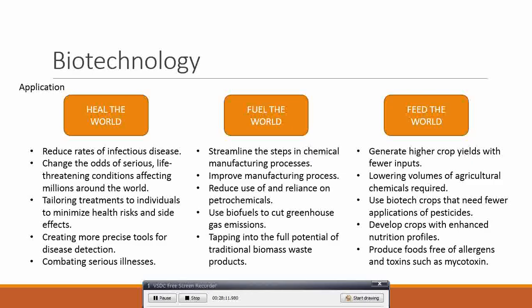Jadi macam mana kita melalui bioteknologi ni kita boleh come out with compound yang organic, yang materials ataupun chemicals yang tidak membahayakan macam racun, kata contoh. Develop crops with enhanced nutrition profiles, produce foods free of allergens and toxins such as mycotoxin.